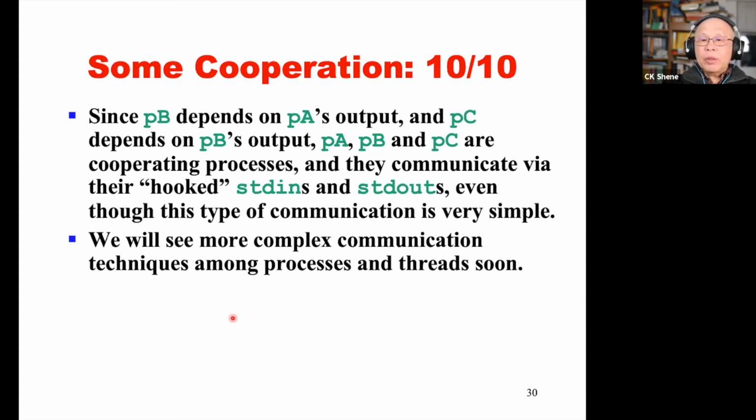This type of communication is very simple and linear, going from the first to the next to the third one, and so on. But still, it is a communication. We will see more complex communication techniques among processes and threads very soon.